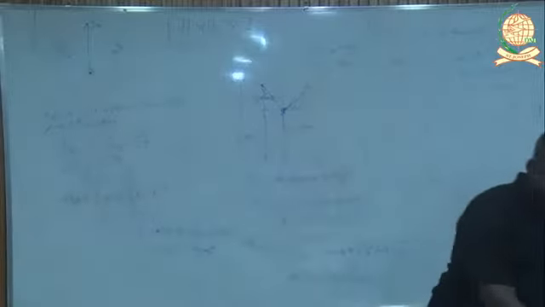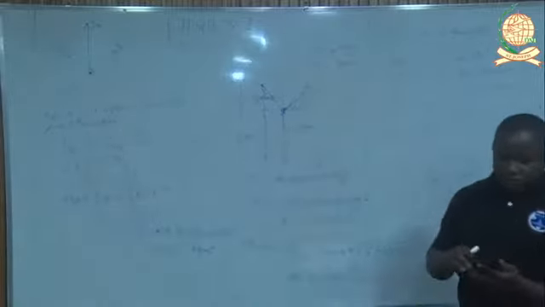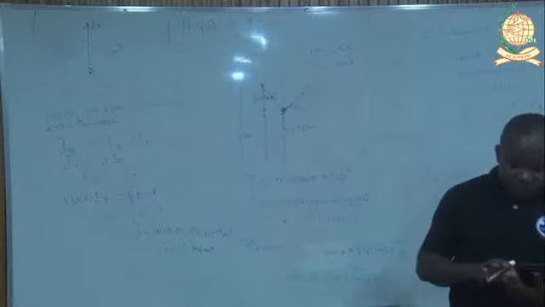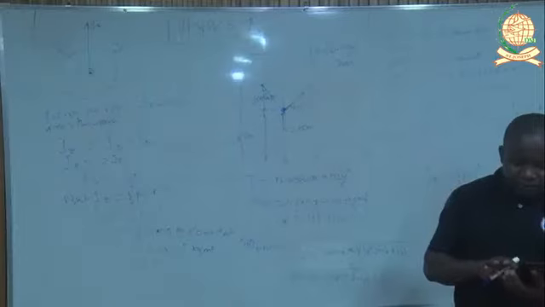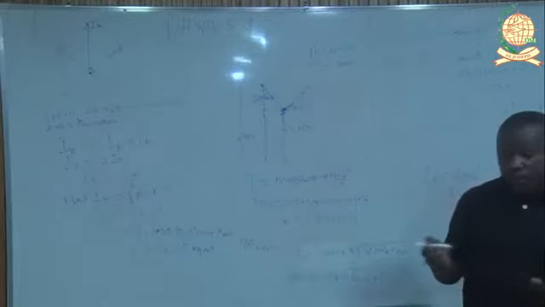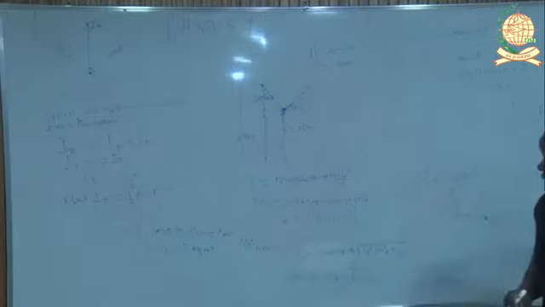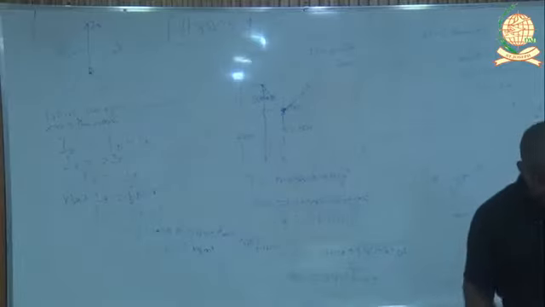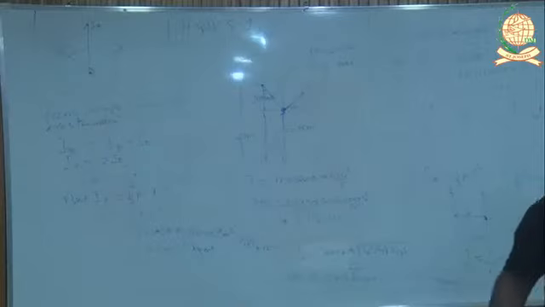You can check your calculations: 0.04 times 0.05 squared divided by 4. Yes. That is the moment of inertia of the disk about the axis along the diameter.